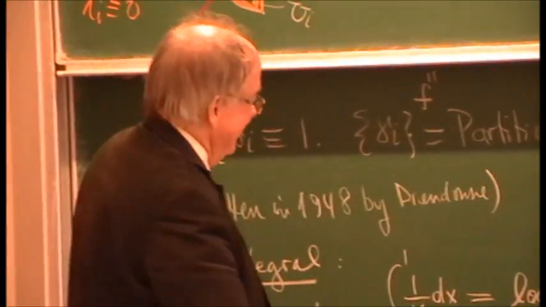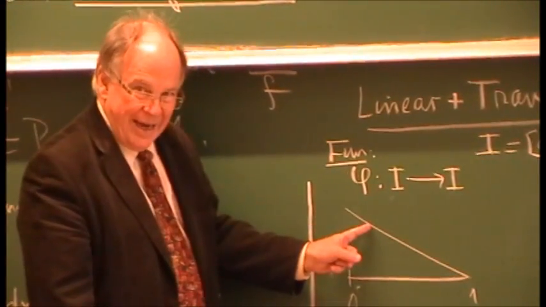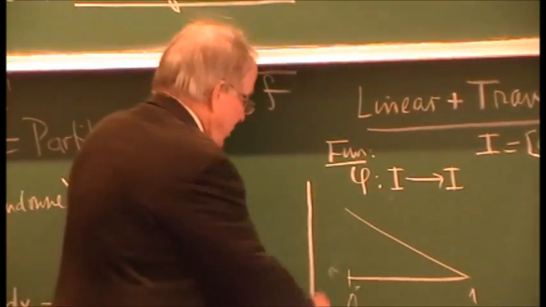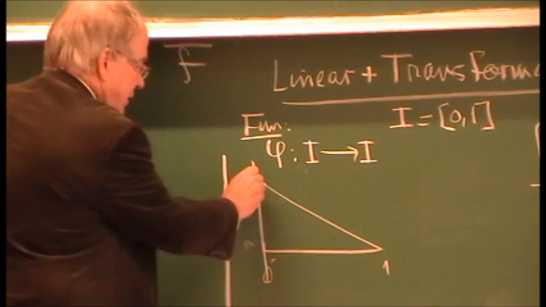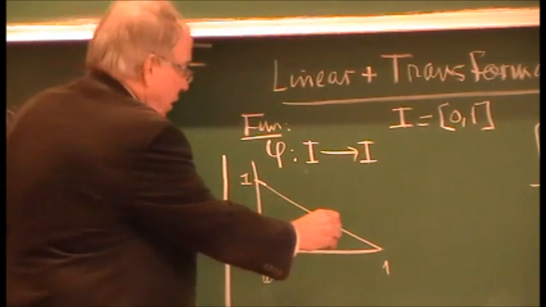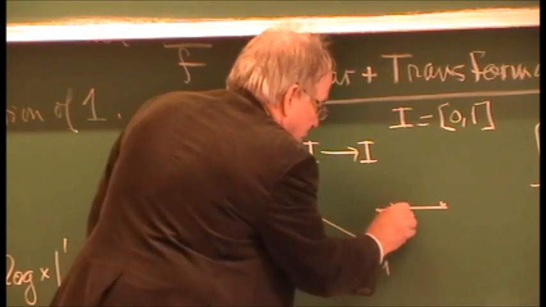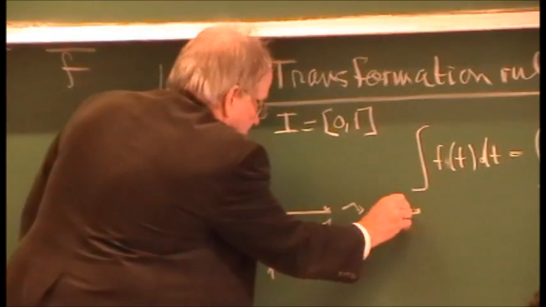Okay, so the problem with this guy, you see, it changes. Say this is phi, and this is 1. It maps 0 to 1 and 1 to 0. It's better to write it like this. Here you go from 0 to 1, and this phi goes backwards.